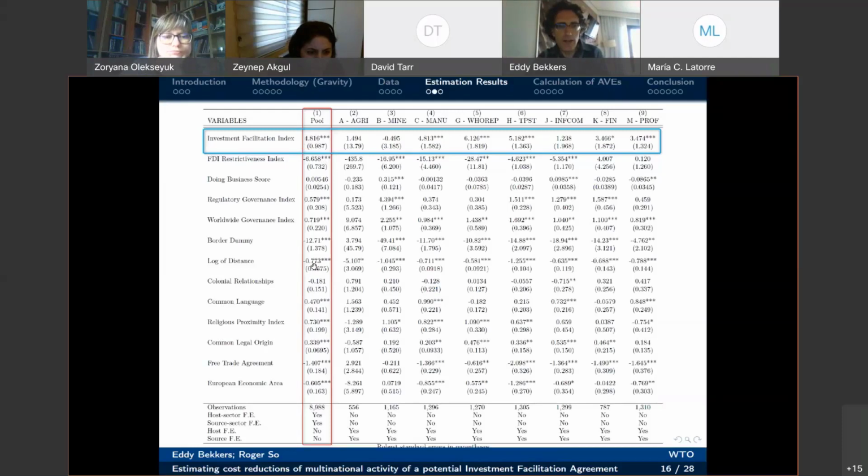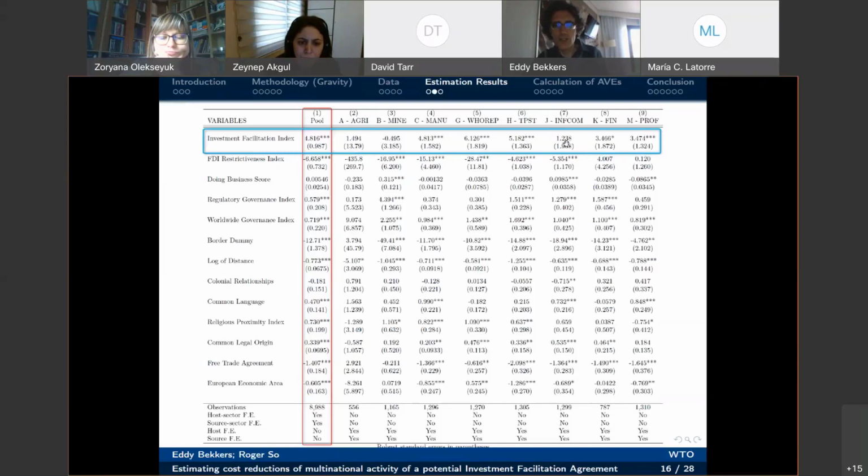Then if we look at the sectors, in agriculture things are insignificant, and the estimation doesn't run very well, probably due to poor quality of data. In mining, things are running, but we do not have a significant effect of investment facilitation. Then for manufacturing, wholesale, transportation, finance, and professional services, we do find solid results.